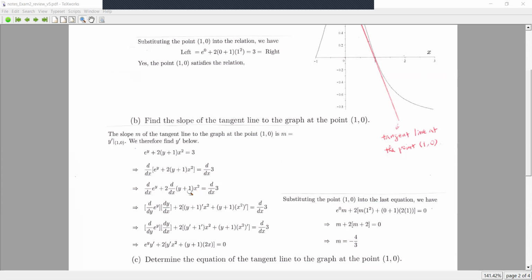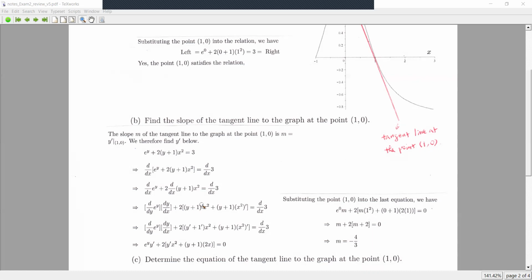So y plus 1 times x squared is a product of two functions. By the product rule, this derivative is equal to derivative of the first function, y plus 1 derivative, times the second function, x squared, plus the first function times derivative of the second function.